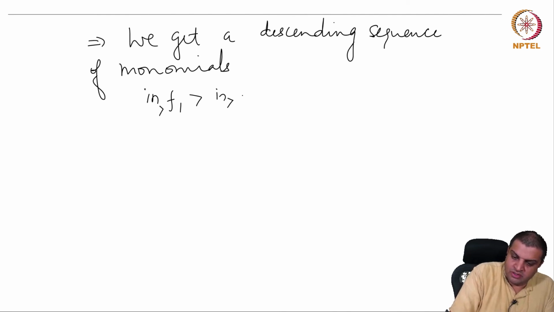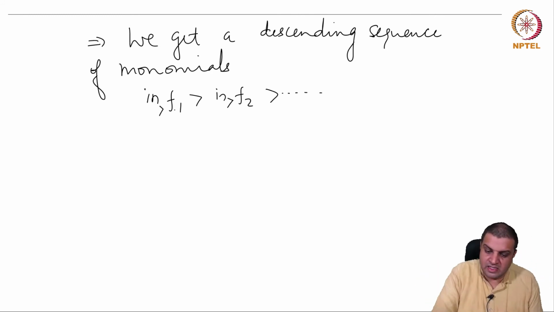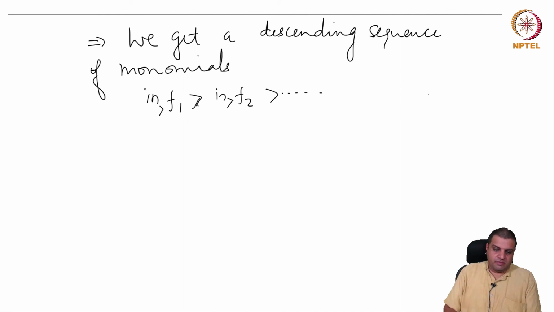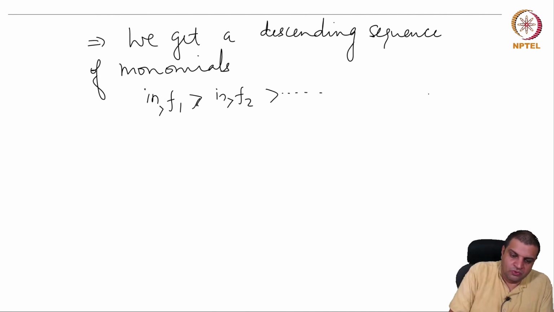There's only one order in question now. Strictly descending with respect to the given monomial order.